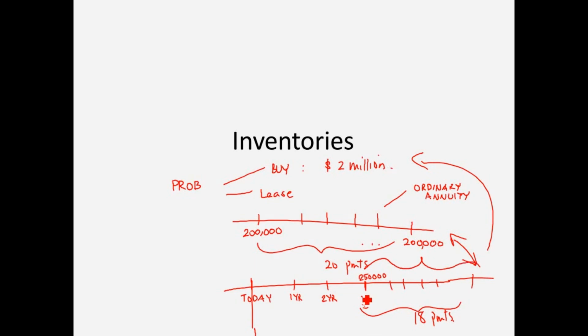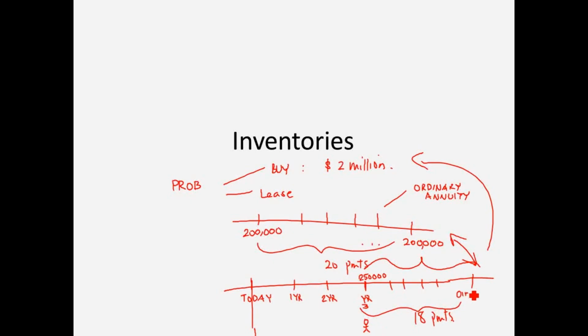Okay, so I could pretend I'm standing right here, this is me here. And I could say, now this is an ordinary annuity. This is an annuity due. This is 18 periods, 10% interest, so on and so forth.